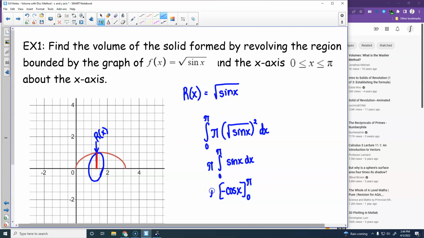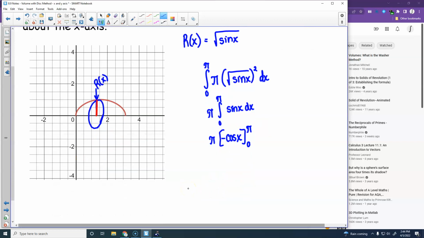And then out here we would have pi. And so we would have pi times negative cosine of pi minus negative cosine of 0.